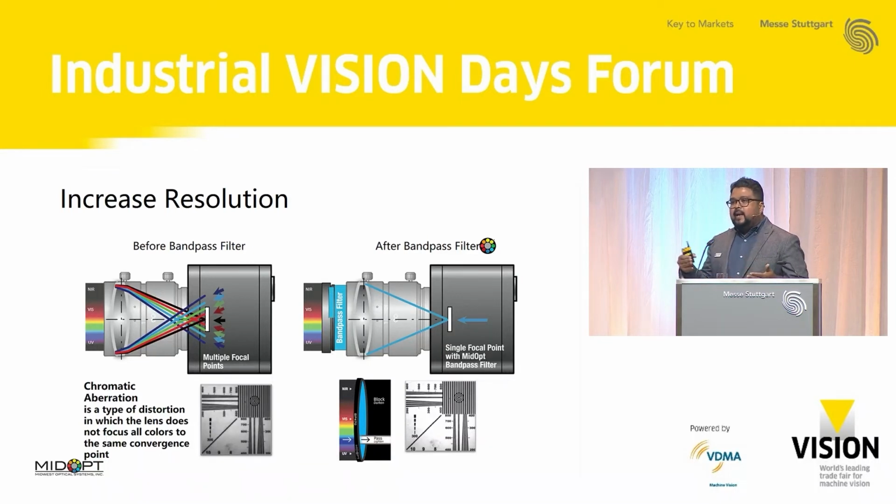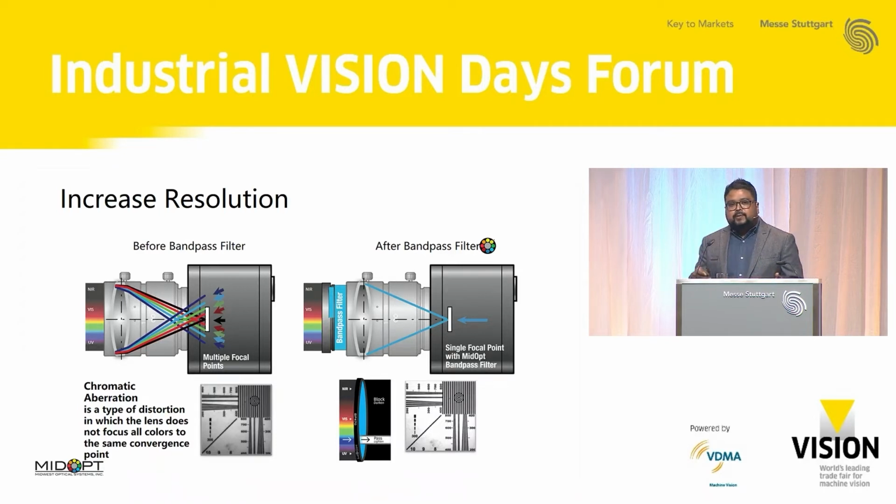But if you're looking at an application where maybe you don't care about all the colors, you want to limit the number of incoming wavelengths, you can use a bandpass filter to filter any wavelengths that you don't necessarily care about. This actually helps to improve that aberration. And you can see from the first image to the second image how the resolution increases. So this is something that can help.